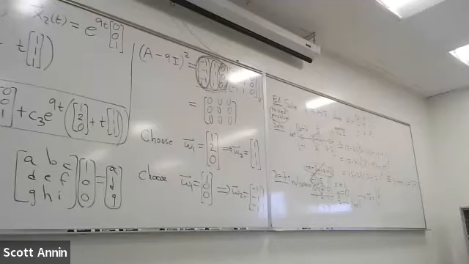Second row, I have 0 plus 0 plus 0, 0 plus 4 plus 0, and then 0 plus 0 plus 0. Okay, so that's the second row. And then finally on the bottom, I have 1 plus 0 minus 1, that's 0. -5 minus 4 plus 2, that's actually -7. And then -1 plus 0 plus 1, which is 0. So there's your squared matrix.